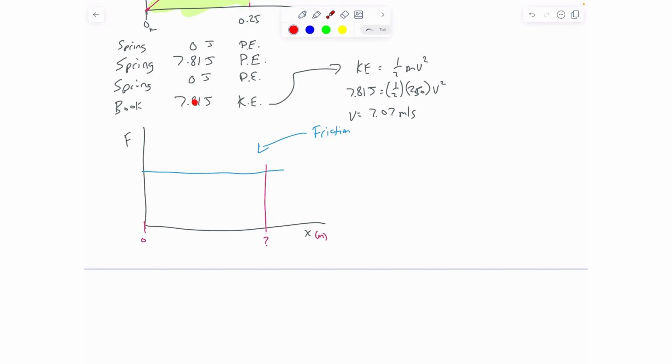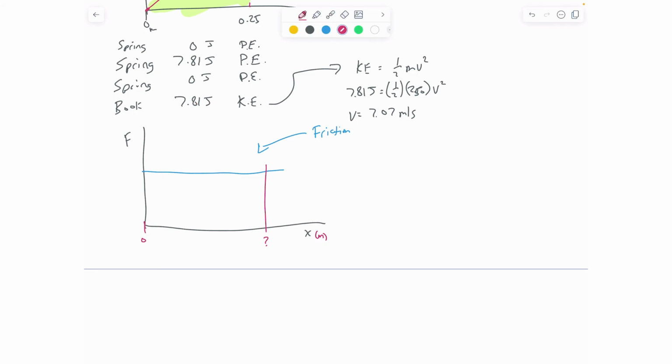What happens after the book stops? The book stops and has no energy. Where did that energy go? It had to go somewhere. It actually made the tabletop hotter. So it changed the kinetic energy into thermal energy.